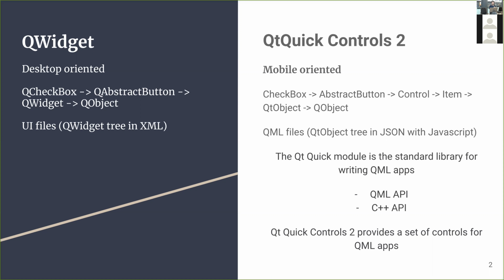The difference is it's made for mobile devices applications. It resembles a bit of JavaScript or JSON. So if you want to define that component, it's a bit different than the XML you got with the Qt widgets.